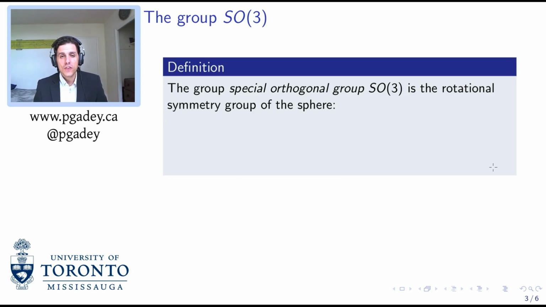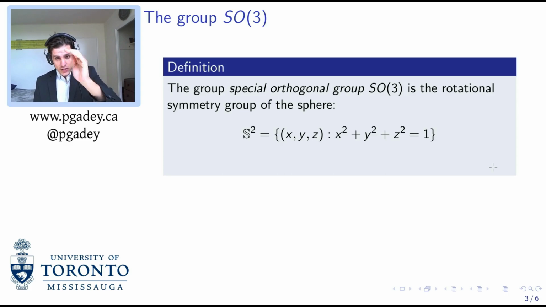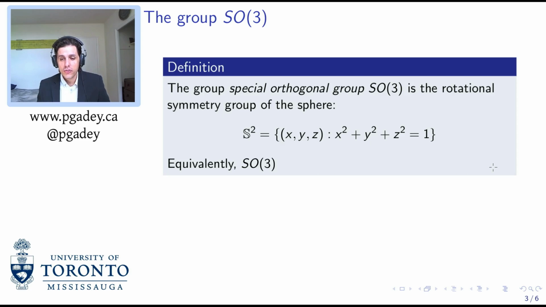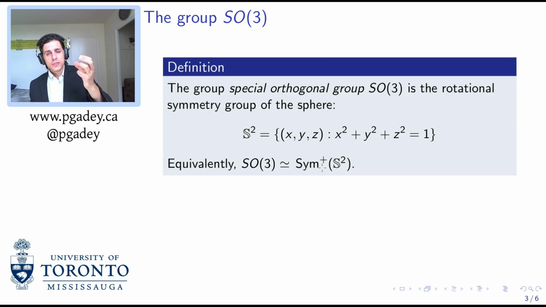We write our sphere as S2 because the surface of the sphere is 2-dimensional. And we can say the definition of SO3 equivalently as being the orientation preserving isometries of S2. So all of the rotations preserve the orientation of the sphere. We write S with a plus symbol there to say that this is the orientation preserving symmetries.